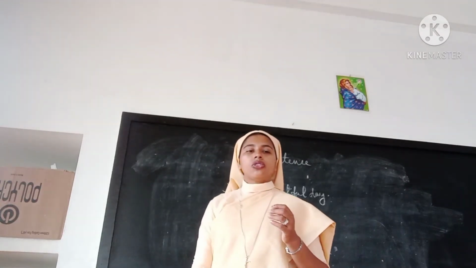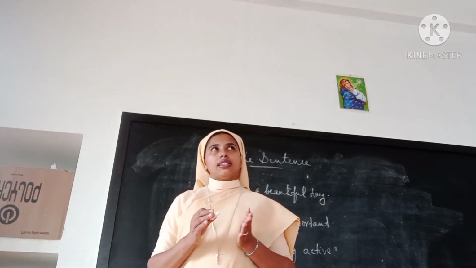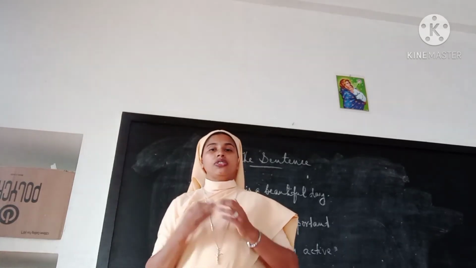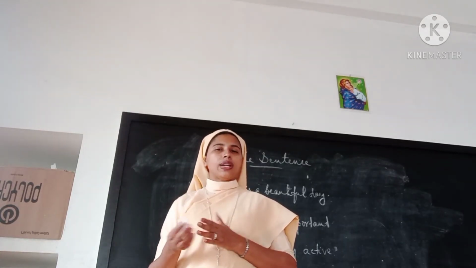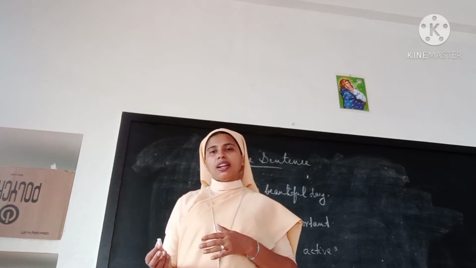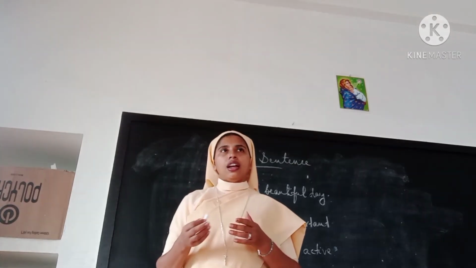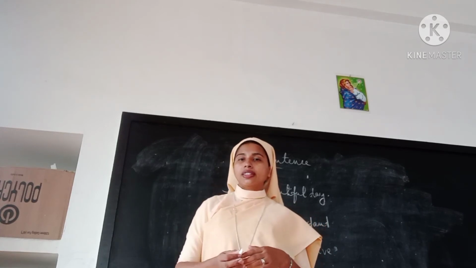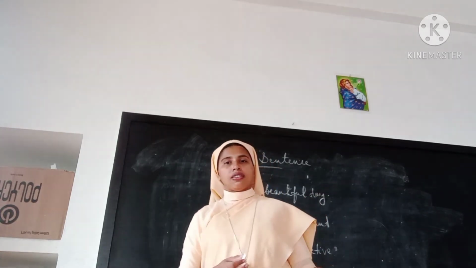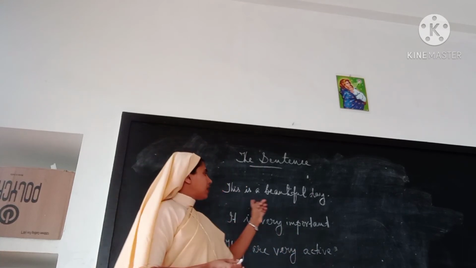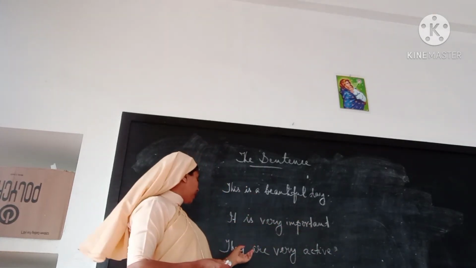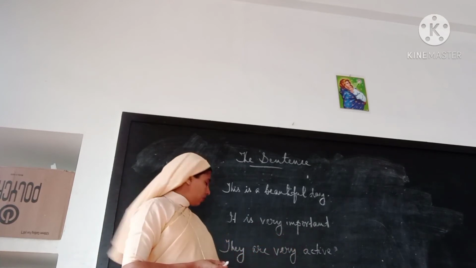Okay, children. There must be an adjective when you change it into exclamatory type. There must be an adjective. Okay, and you must find out which is the adjective used in the sentence. Some sentences are written here. This is a beautiful day. They are very active.